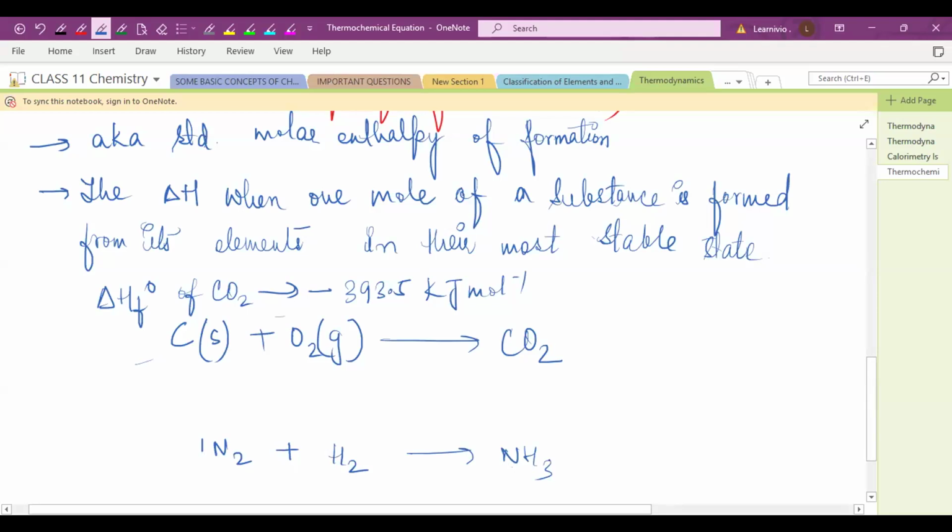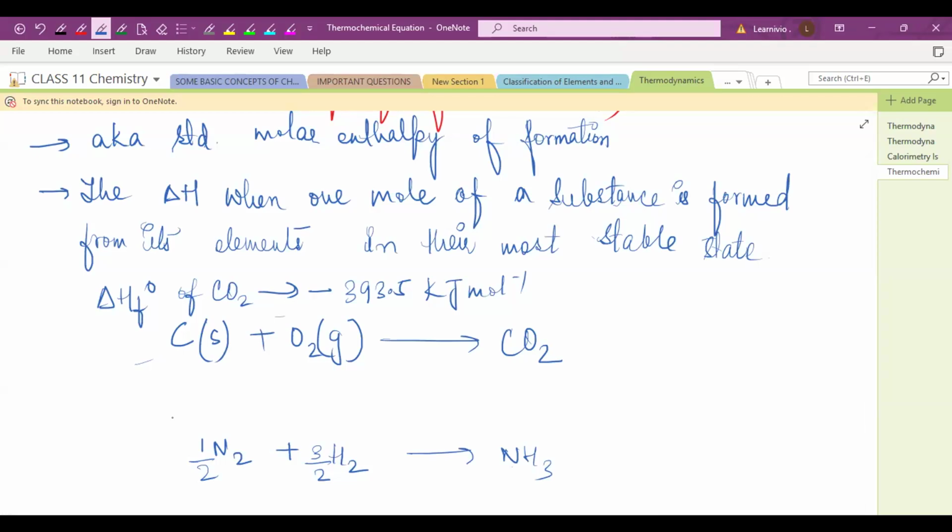Three hydrogen, two hydrogen. So 3 upon 2 for hydrogen, and for nitrogen, multiply by half, so now it is equal. Now this is the balanced chemical equation, this is the thermochemical equation, and it will give proper information about the heat change during the reaction.